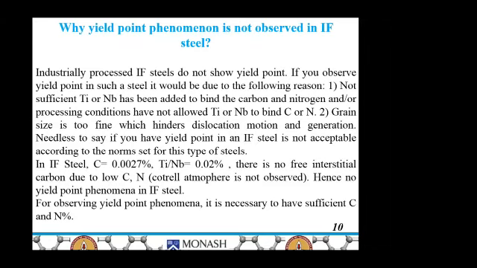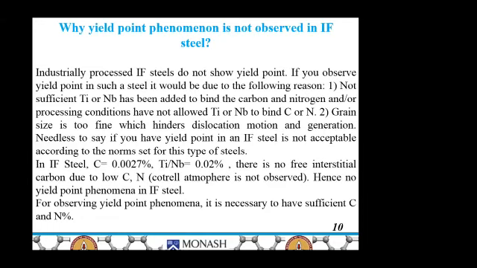But in industrially processed interstitial free steel, carbon is 0.027% and titanium and niobium is about 0.02%.